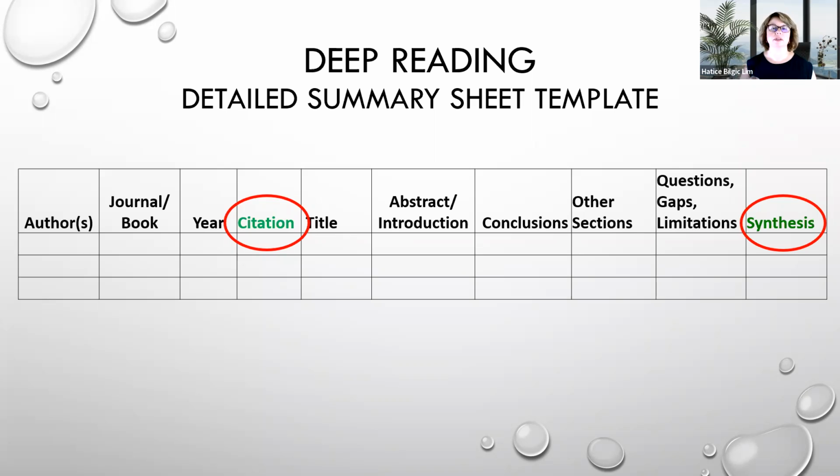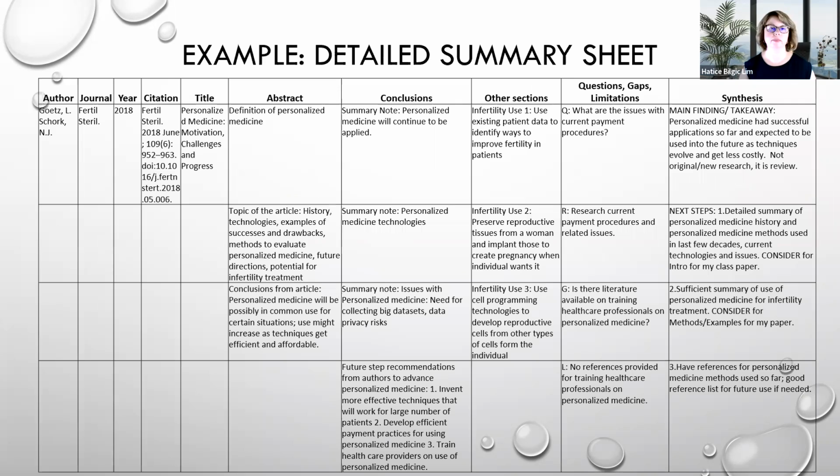To give you an idea how a complete version of this may look, I took the example article in this training and prepared a detailed summary sheet. On this complete sheet, you can see it includes all the notes from the active reading earlier. Even though this summary sheet may look daunting with a lot of details here, if you did the reading interactively, you should be all ready to put all of your notes together on a spreadsheet.